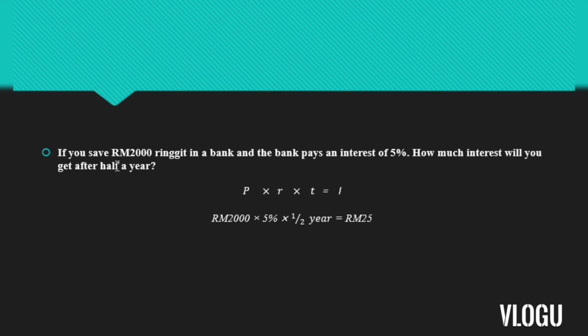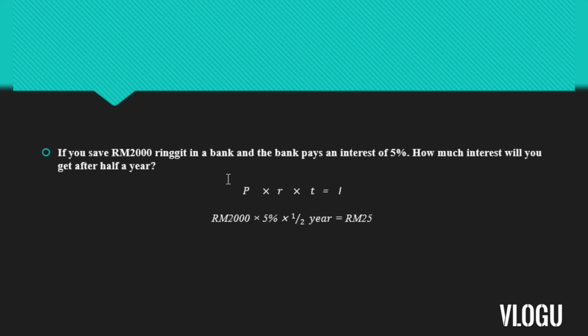So class, the second question is, if you save 2000 ringgit in a bank and the bank pays an interest of 5%, how much interest will you get after half a year?